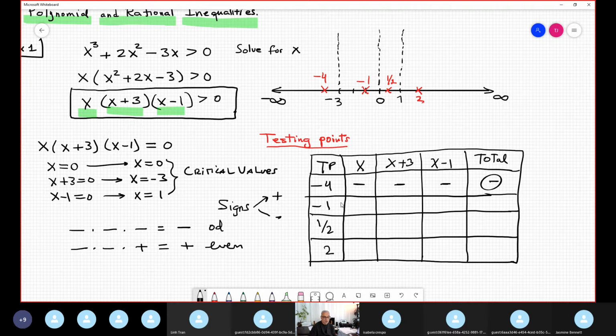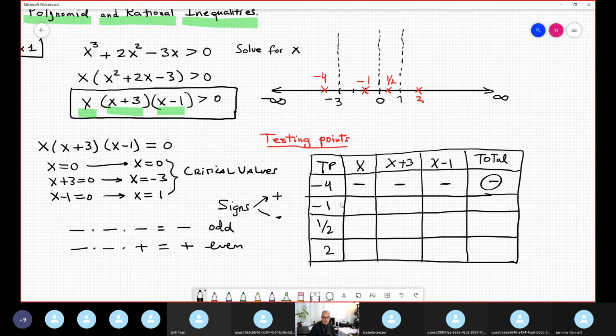When you have an odd number of negatives, it's negative. It's important at this moment to understand that the control of this total sign is produced by the negative signs that you have in the row. 3 negatives is negative, 2 negatives is positive, 1 negative is negative.